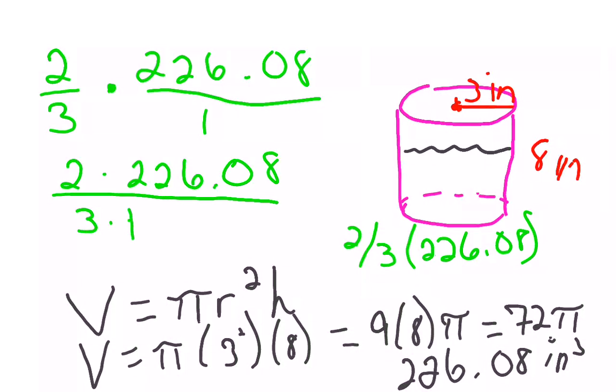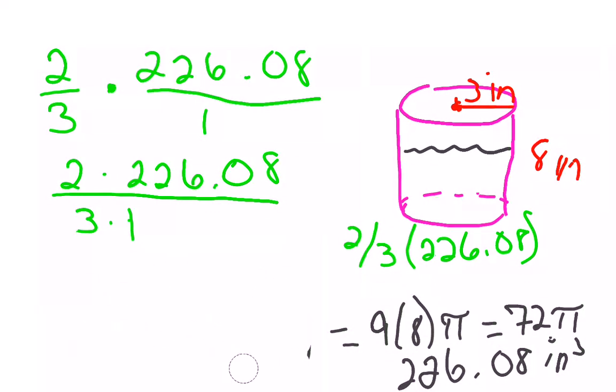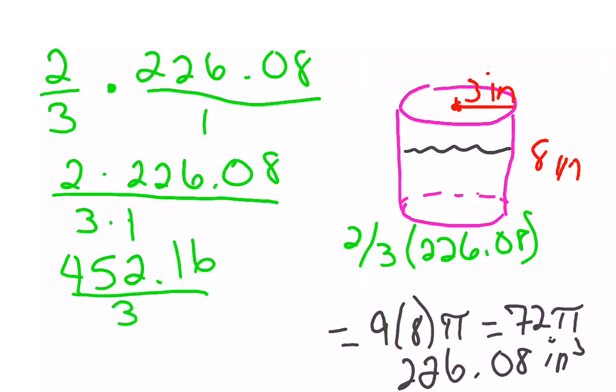Okay, so going to our handy dandy calculator again, 226.08 times 2 gives us 452.16. And I didn't erase enough, so let me do that real quick. All right, so now we have 452.16, and 3 times 1 is 3.